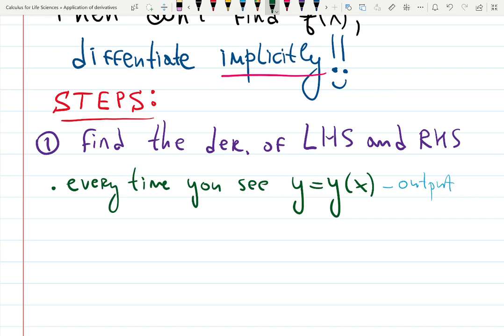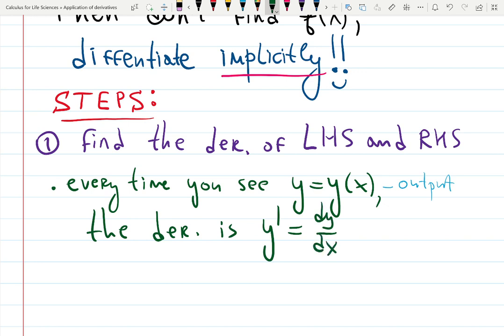Thus, by chain rule, the derivative of y is y prime, which is not 1. X prime gives you 1, but y prime will be dy over dx, or just y prime. So that's going to be important. You will understand it right now when I give you an example, and you will see it makes sense.